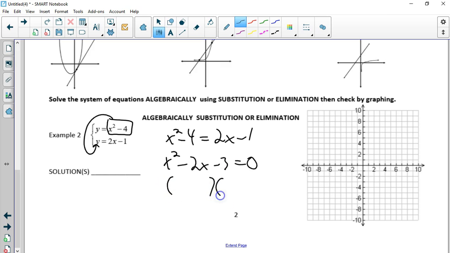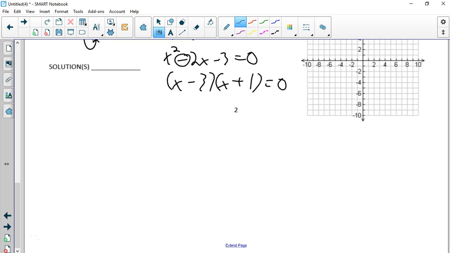Now I factor. I always factor when I have x squared. I need two numbers that multiply to give me 3, which the only choice is 3 and 1. But they've got to differ by 2. Well, 3 minus 1 is 2. But also notice I want more negatives left over, so that's going to be minus 3 and plus 1. I'm going to set them both equal to 0.